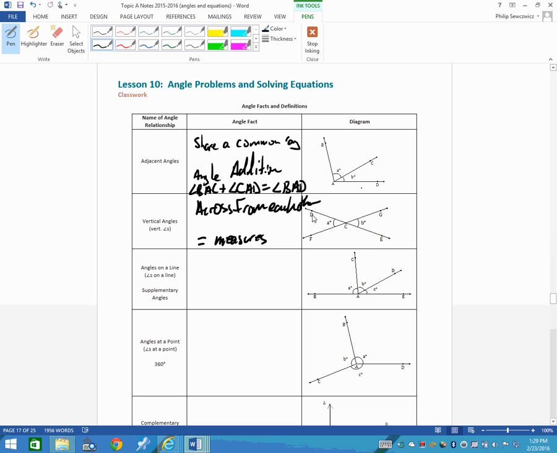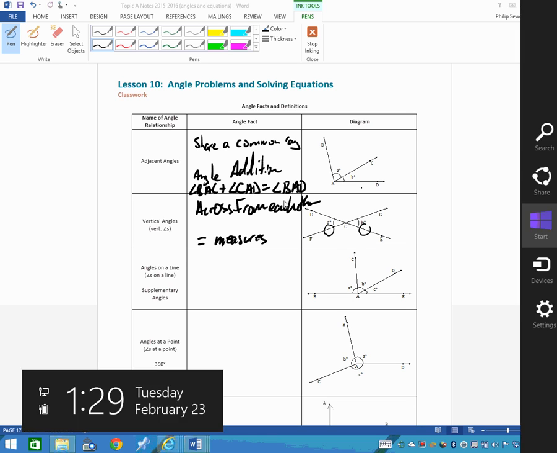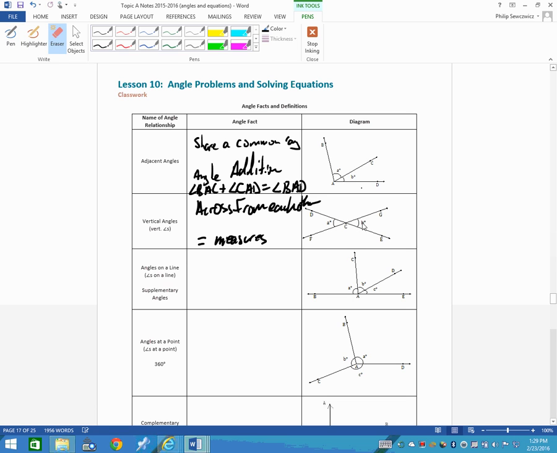It's angle FCD. This measurement of A degrees would be the same as this particular amount that we're looking at. We also have another set of vertical angles right there. That one is the same as that particular angle. Again, they are vertical angles, across from each other, so they will have equal measures.